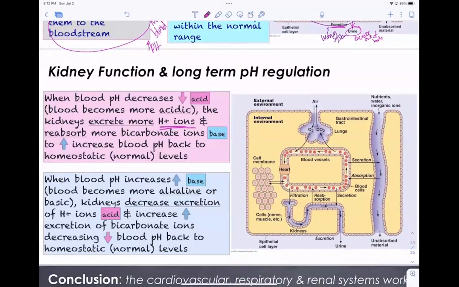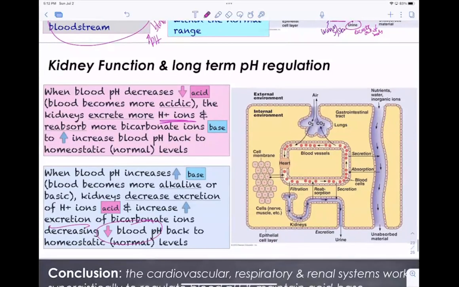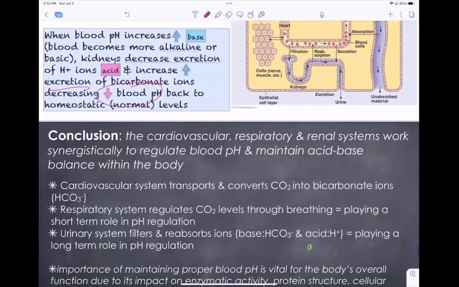Or vice versa, if the blood's too alkaline or basic, the kidneys are going to lower the amount of acid they're getting rid of, so reabsorbing it, and increase the amount of bicarbonate they're getting rid of, or excreting. Therefore, it's going to keep more acid, get rid of more base in the urine filtrate, and decrease the pH of the blood. So this is a long-term process, as it doesn't happen as quickly as, say, the respiratory system can act.